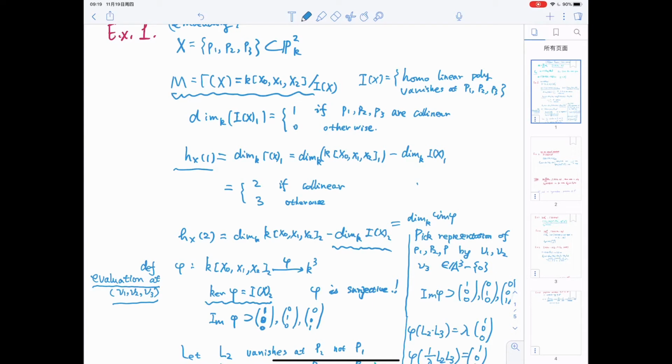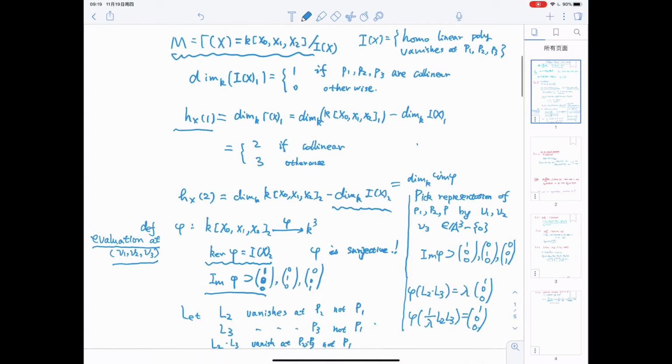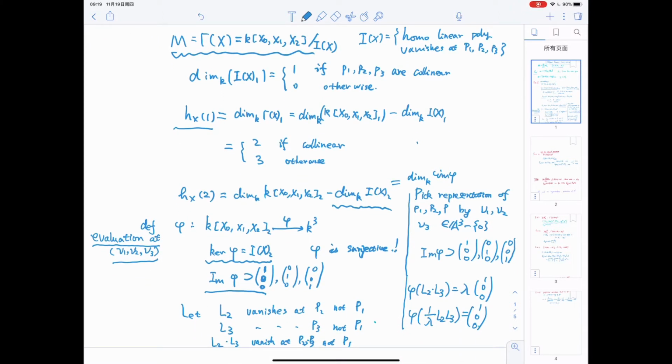To show that, we have to show that the image of phi contains the basis vectors (1, 0, 0), (0, 1, 0), and (0, 0, 1). To show the image of phi contains (1, 0, 0), we let L2 be a homogeneous linear polynomial that vanishes at P2 but not at P1, and let L3 be a homogeneous linear polynomial that vanishes at P3 but not at P1.